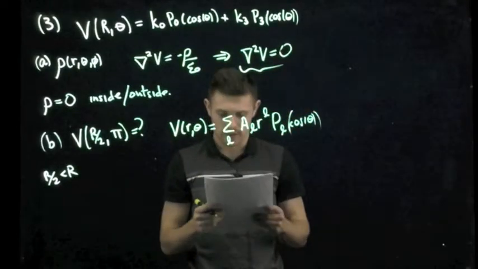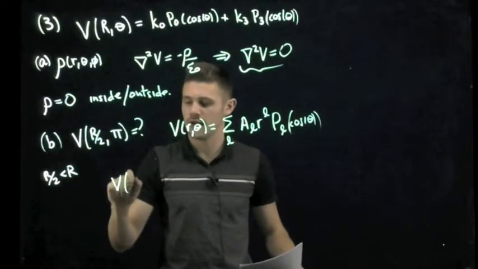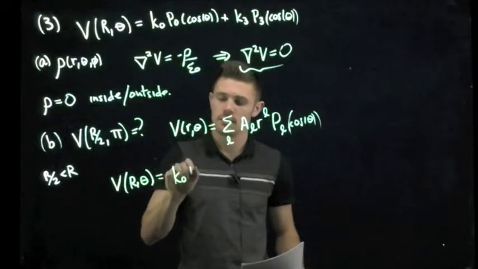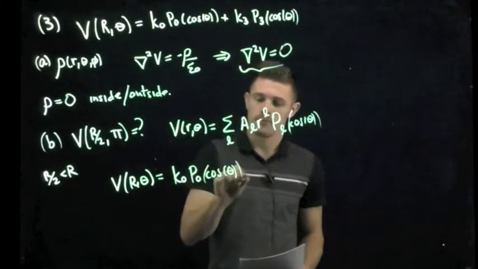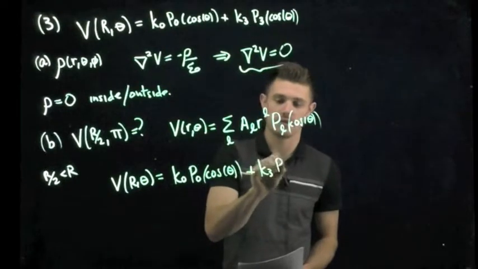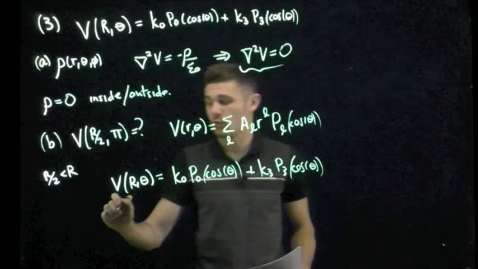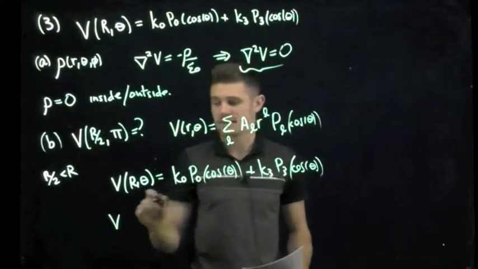So if we write out what is our initial potential at the surface, we have V of R, theta is equal to k naught P naught cosine theta plus k3 P3 cosine theta. And now we can write out essentially this general expression, including the exact same L terms.